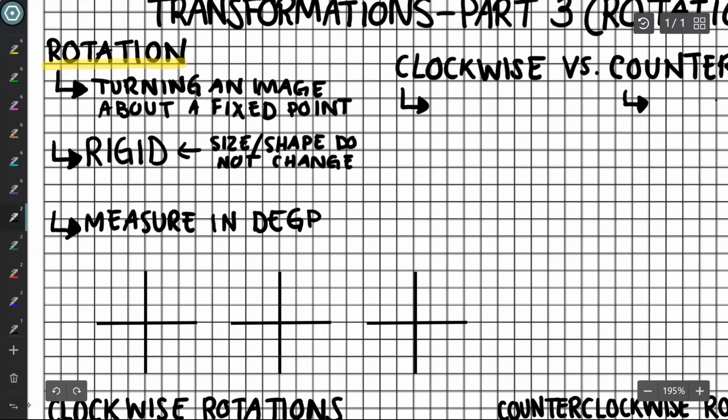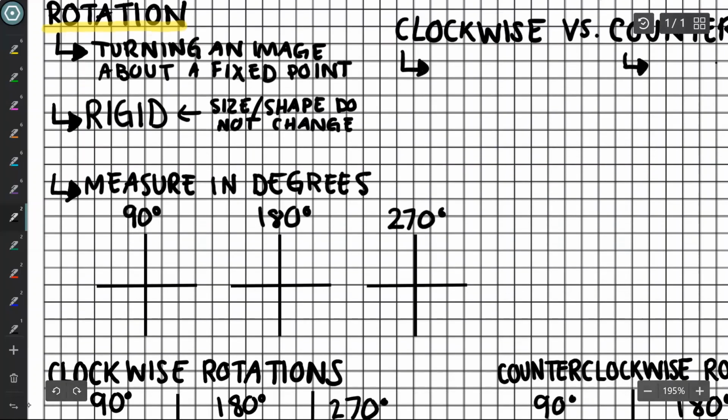Alright, and for this class, we're focusing specifically on 90-degree rotations, 180-degree rotations, and 270-degree rotations. Alright, so 90 degrees is going to be like one quadrant. So that would be 90 degrees, that would be 90 degrees, that would also be 90, and this final one would also be 90 degrees.